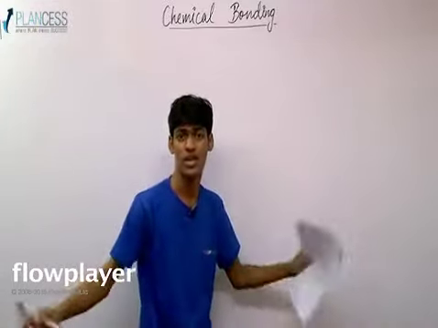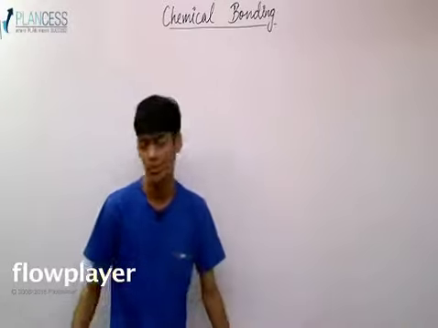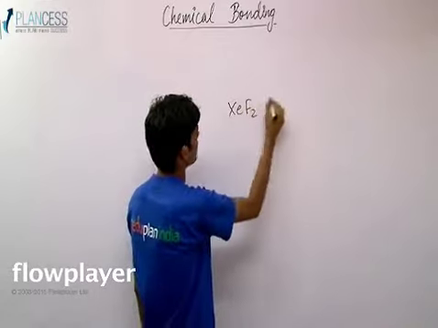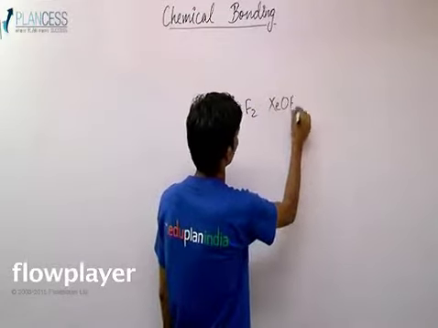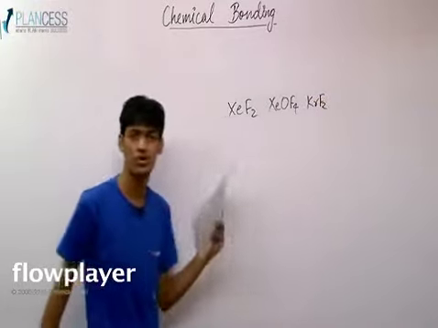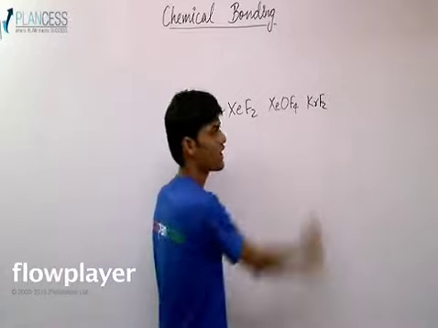The whole octet theory is based on this fact. However, it is found that there are some compounds like XeF2 or XeOF4, and KrF2. So krypton or xenon also reacts with oxygen and fluorine, so they are not completely unreactive.